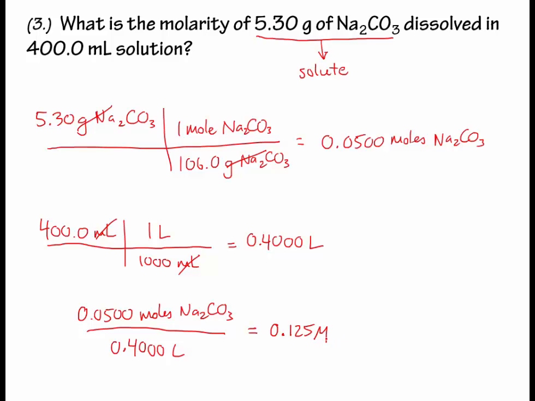And the unit that we use for that is a capital M, usually in italics, but at least make sure that it's clearly a capital M as you're labeling this and not a lowercase m, because that means something else. So 0.125 molarity, or molar, like the tooth, sodium carbonate. That's how we would read that, 0.125 molar sodium carbonate.